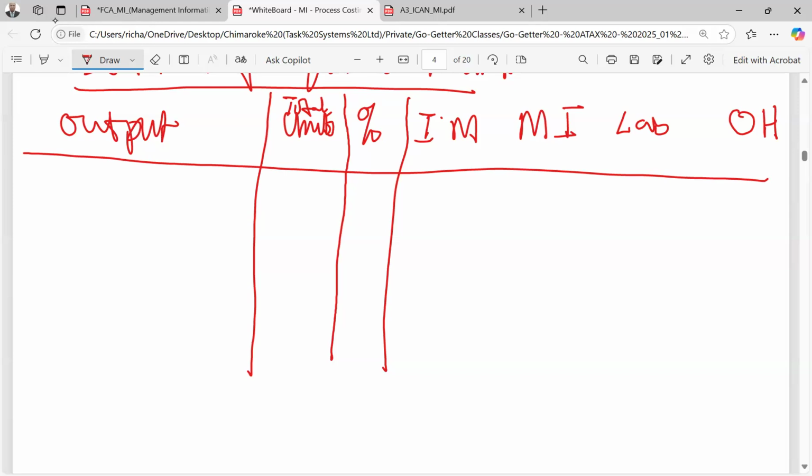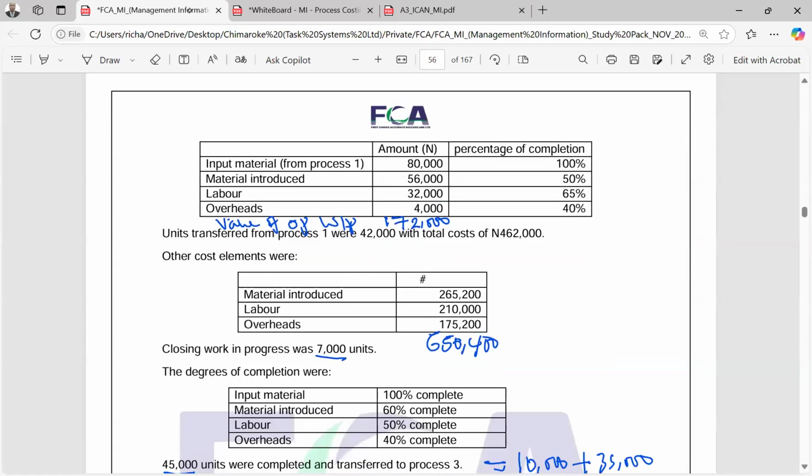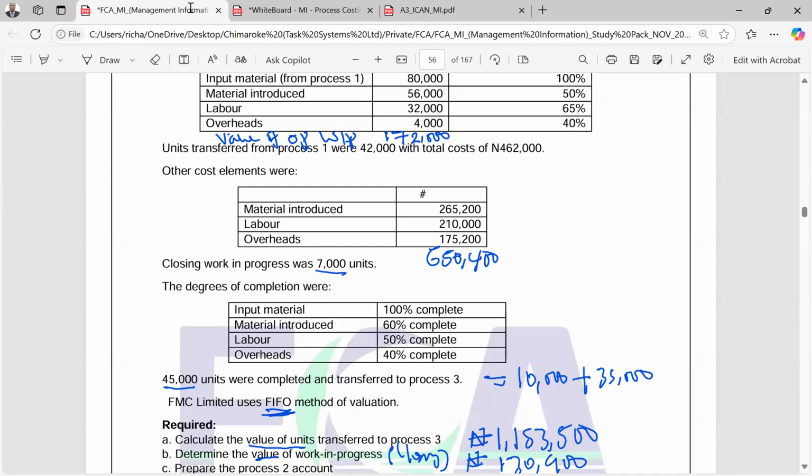So we start with the finished goods transferred. We have 45,000 units, according to our question, completed and transferred to process 3.